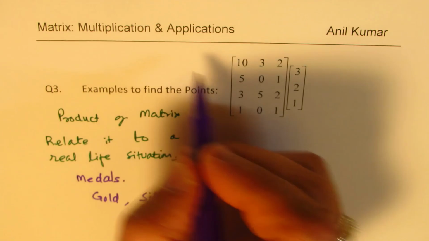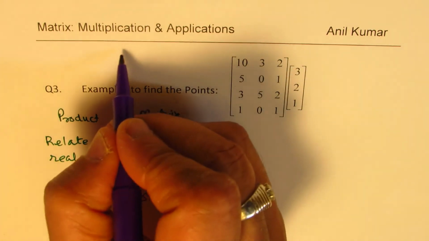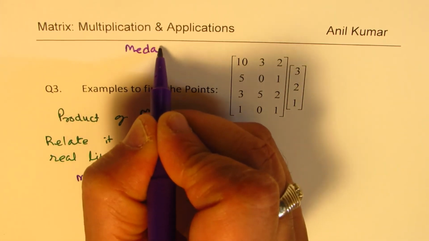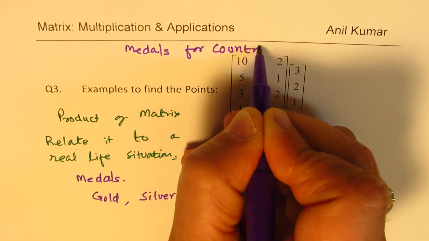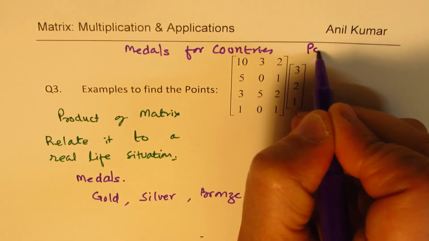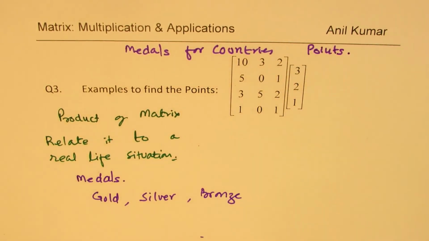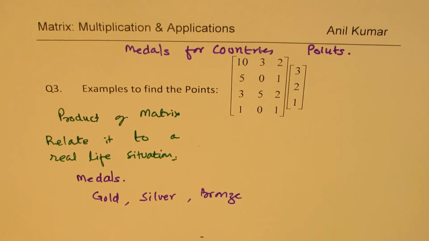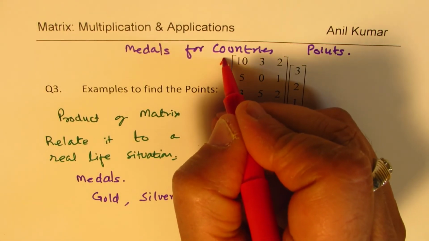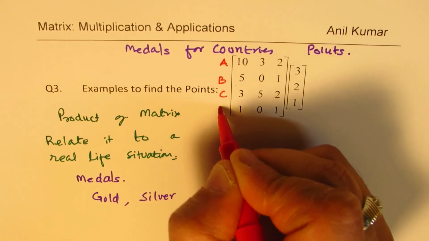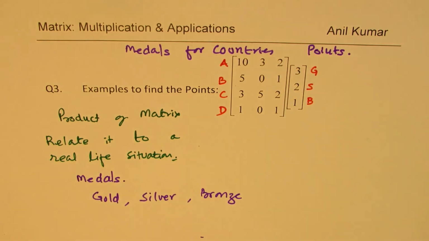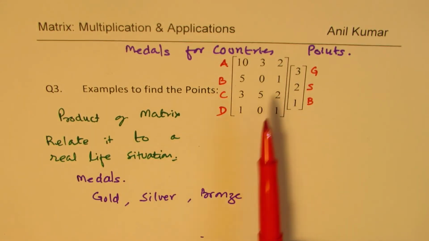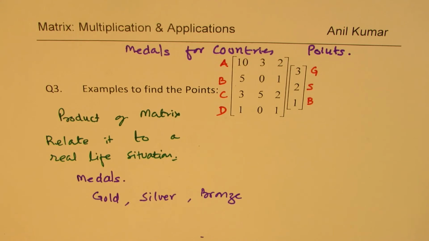So we have a first matrix which says medal tally for countries. And that could be points, for example, correct? So we could say that, well, these are my countries, A, B, C, D. And these are my points for gold, silver, and bronze. Then, using this matrix, we can find points for each country. You get the idea, right?